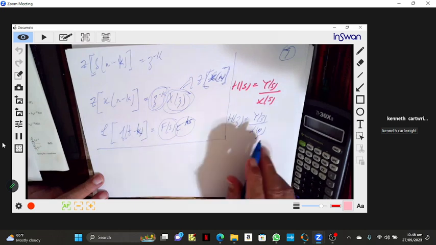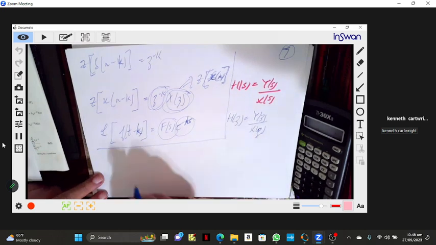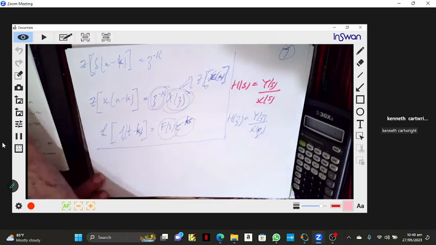How am I going to find Y of z and X of z? Well, what do we know? We start with a difference equation.